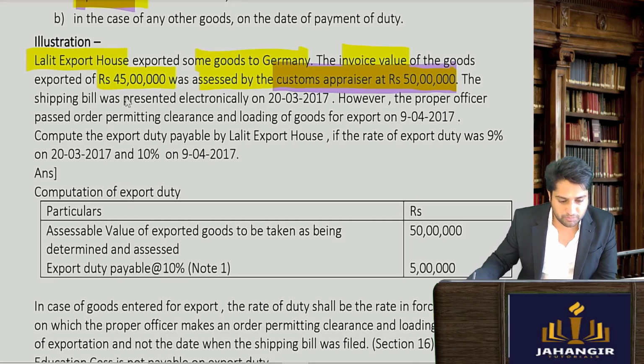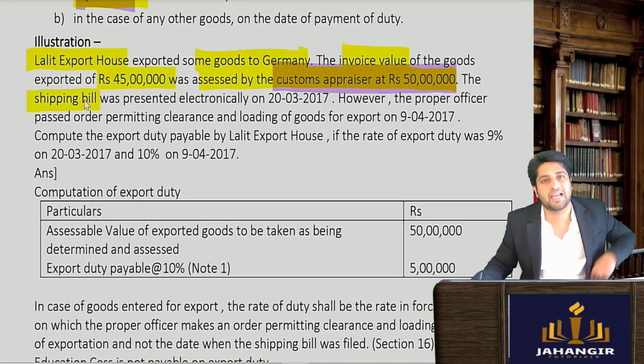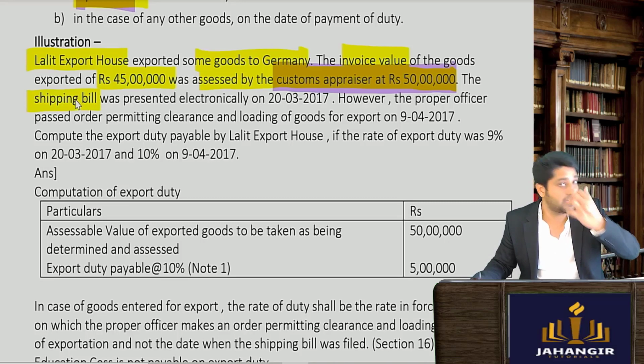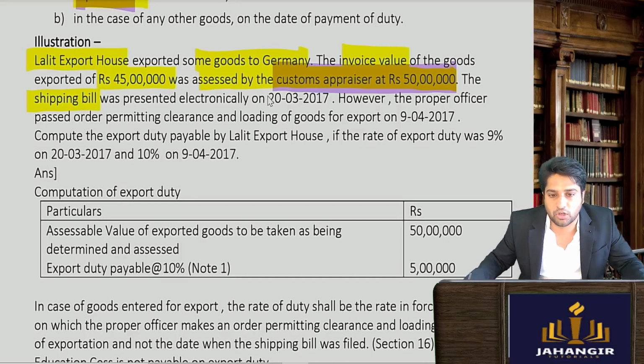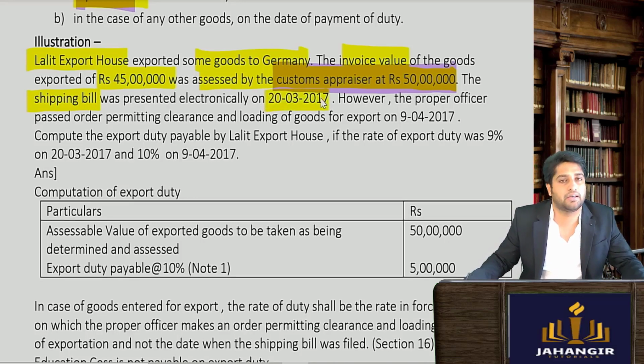The shipping bill was presented. Now shipping bill is like an export bill, but when you're sending it through waterways on 23/17. However, the proper officer ordered clearance on 9th April 2017.